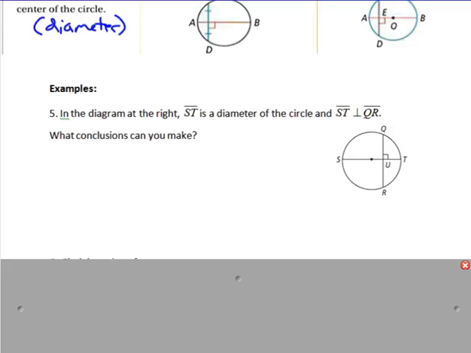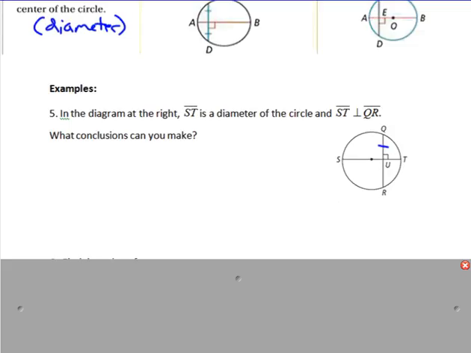It says in the diagram to the right, segment ST is a diameter, and segment ST and QR are perpendicular. So we said if they're perpendicular, the only things we can make conclusions on are that it bisects the chord.